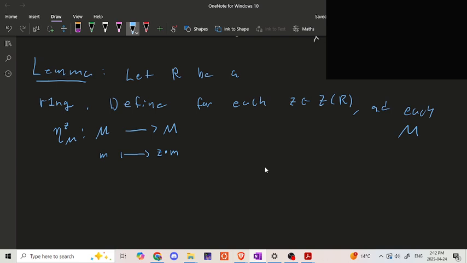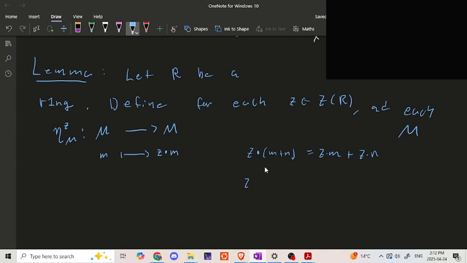But this, I claim, will be a module homomorphism. Why is that the case? Well, certainly the additivity, for any m plus n, simply comes from our assumption that m is an R module.